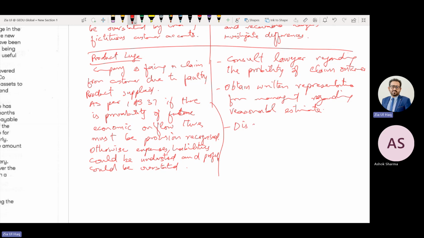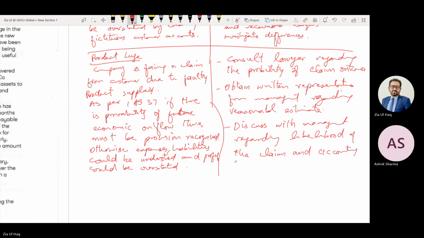So discuss with the management regarding the likelihood of the claim and the accounting treatment that they have adopted. If they are recording a provision, we will ask them why. If they are not recording a provision, we will ask them why not.